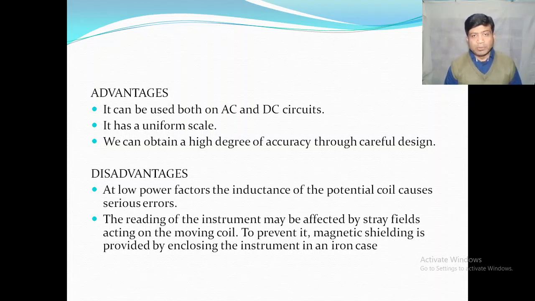Why can these be used for alternating current and direct current? The reason is that the power being measured does not get affected even if we use an alternating current or a direct current for measurement. The power is exactly measured what it is.